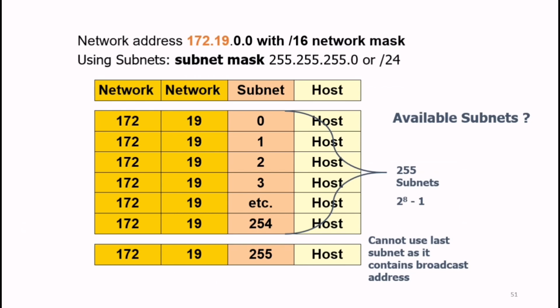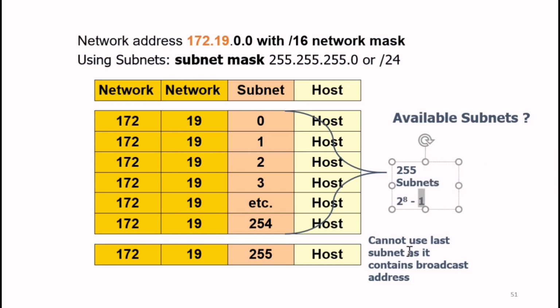Next, we're going to find the available subnets. How many subnets can we use in the IP address given? We know that the subnet mask uses 8 bits, or 1 octet, in the IP address. So we can use the equation 2 to the power of 8, where 8 is the number of bits available for the subnet, and then minus 1.